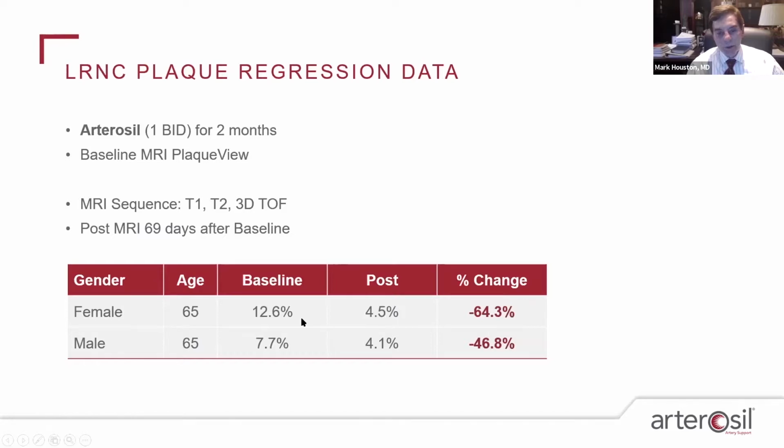You can see the difference from 12.6 to 4.5, highly significant, minus 64%. And in men, 7.7 to 4.1, 46.8%. Those are highly significant reductions. And what's really impressive is this occurred in about 2 months. This is probably more impressive than we've seen even with some of our powerful drugs such as statins.